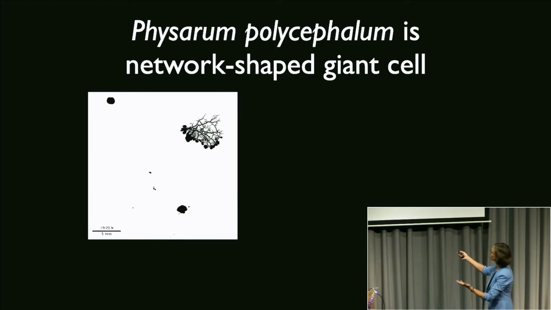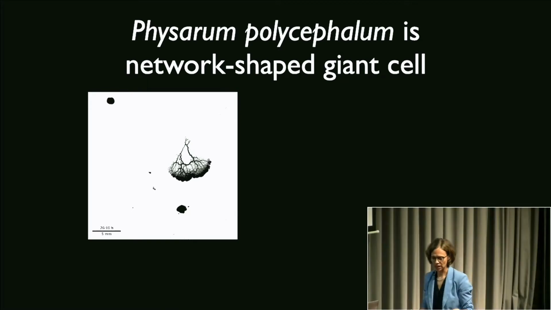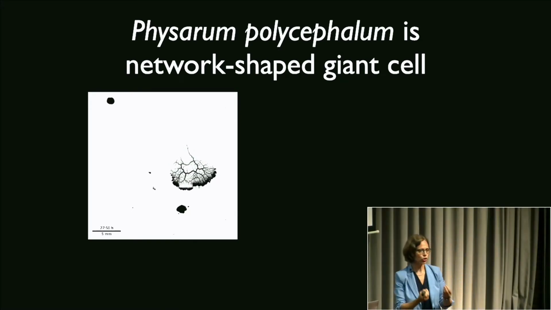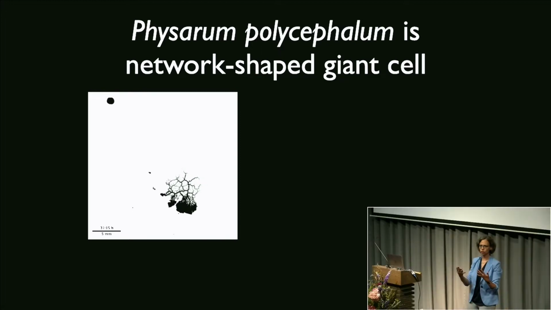Because you have a network structure that is crazily reorganizing over time, yet again. That's why it's called a mold, because of this apparent visual similarity, but it's not a mold. It's not a fungus.